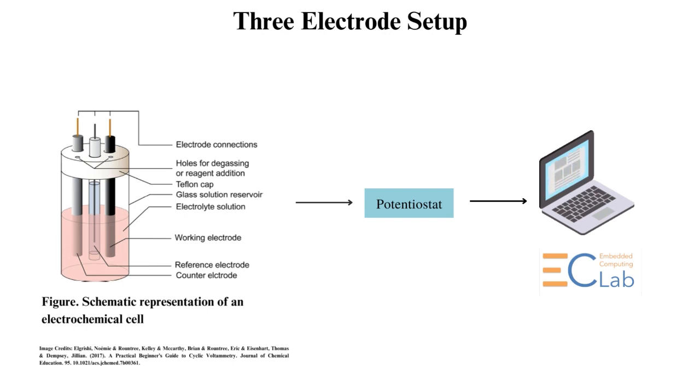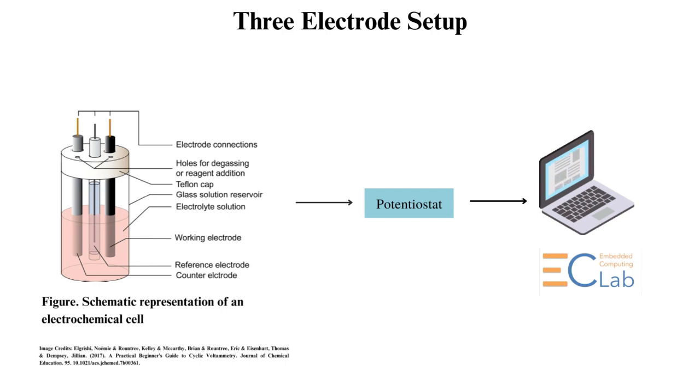It has 3 connections: a working electrode, a reference electrode, and a counter electrode. The working electrode is where we apply the catalyst we will study, and the reference electrode is an electrode which shows no change in voltage when current is passed through.